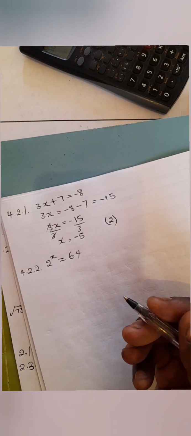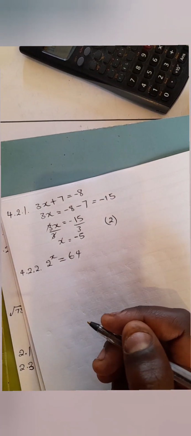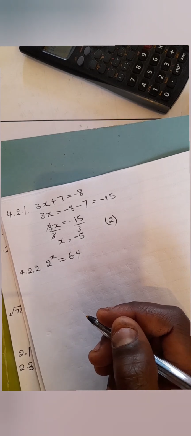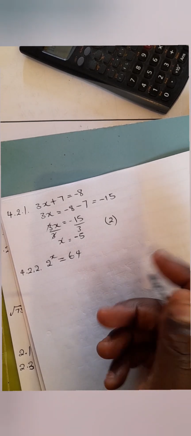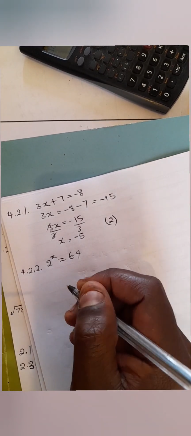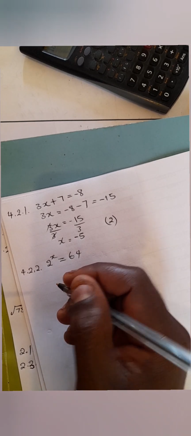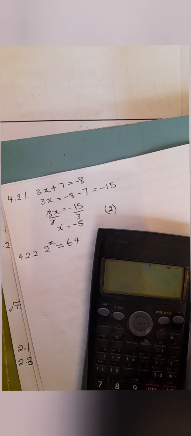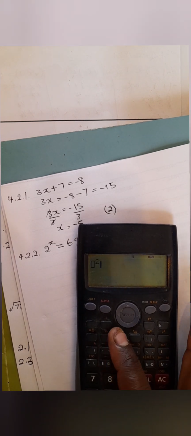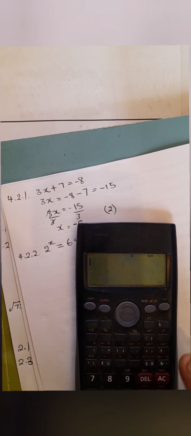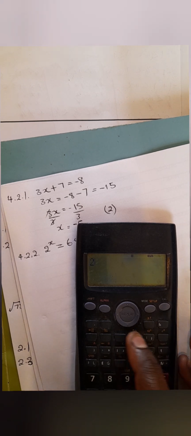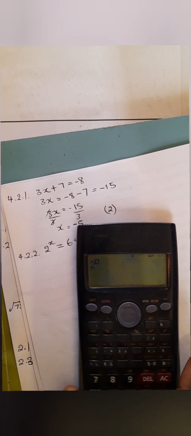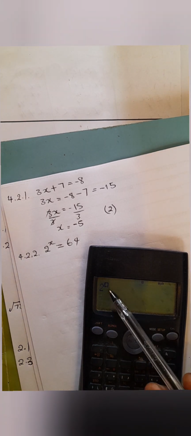See? Okay, using laws of exponents, it means now we are going to do the trial and error method. With the trial and error method, you are going to have something like this. 2 to exponent unknown.